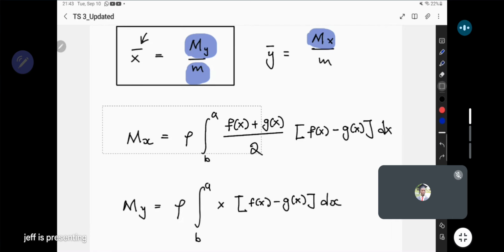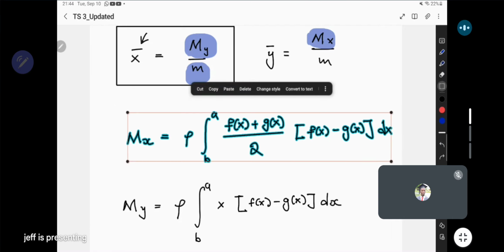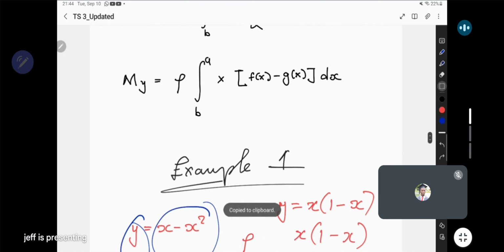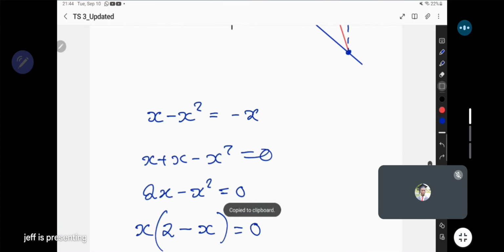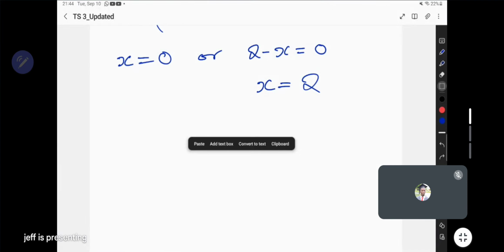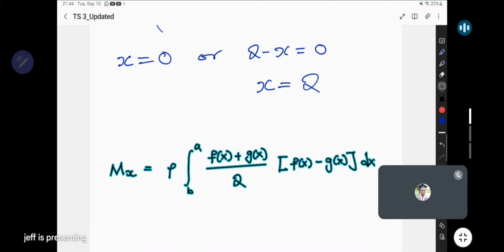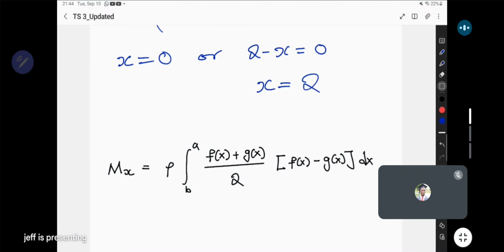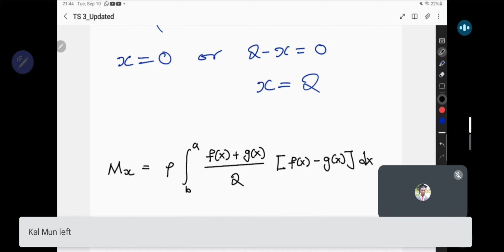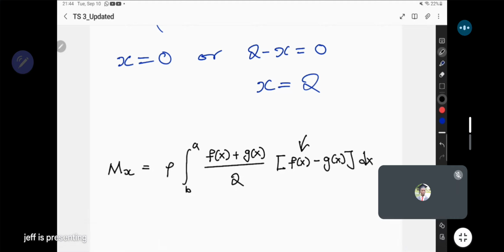Let's try to understand which one goes where. Which one comes out as f of x, which one comes out as g of x. With my sketch in place, it's easy to get them exactly where they're supposed to be. And in this case, f of x must be the function on top. g of x must be the function that is down.